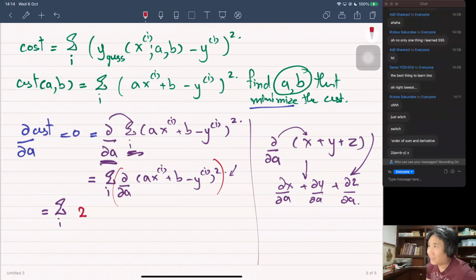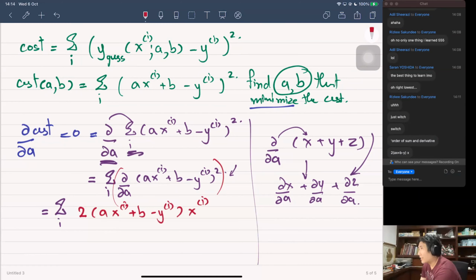So you have 2. You pull down the 2 and you are left with whatever the chain rule gives you, a x_i plus b minus y_i. But then you need to take the derivative of a x_i plus b minus y_i, and the rest are 0, so you are left with x_i.